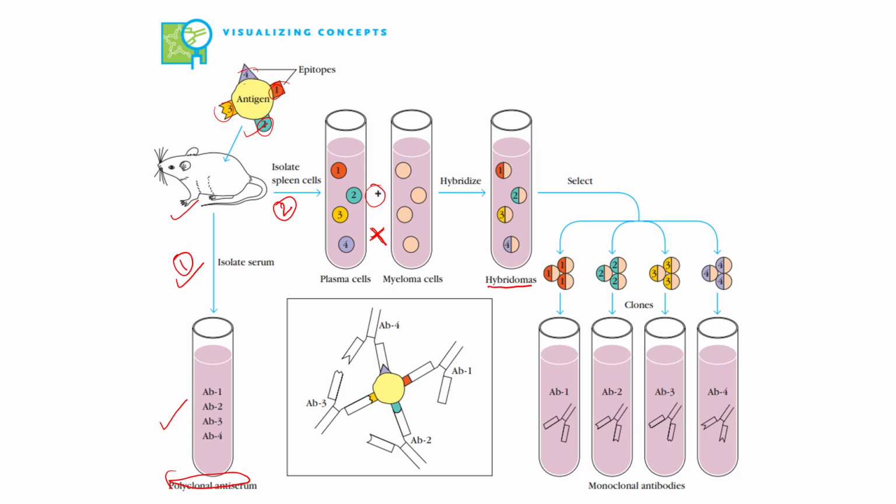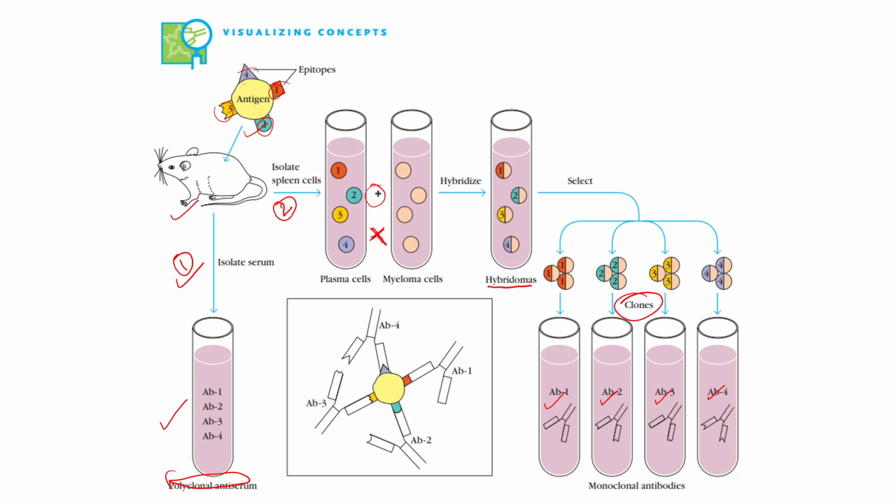Then we can select these and clone them into a large quantity of single-epitope antibodies, antibody 1, 2, 3, 4, which are respectively for the epitopes 1, 2, 3, 4 that we used initially for injecting the mouse.